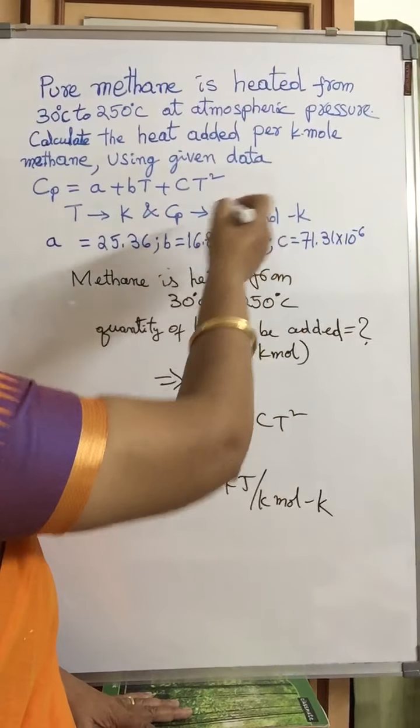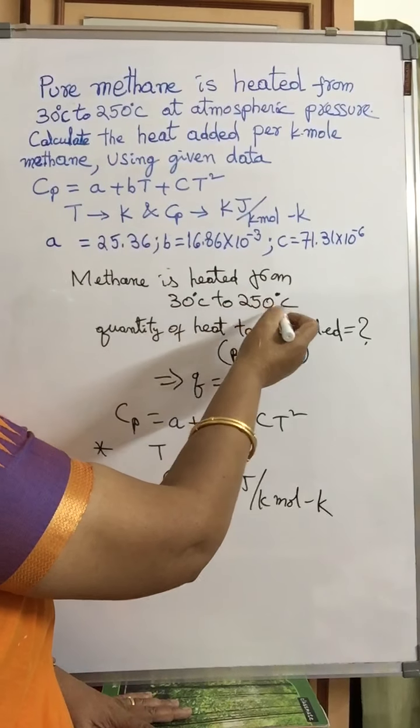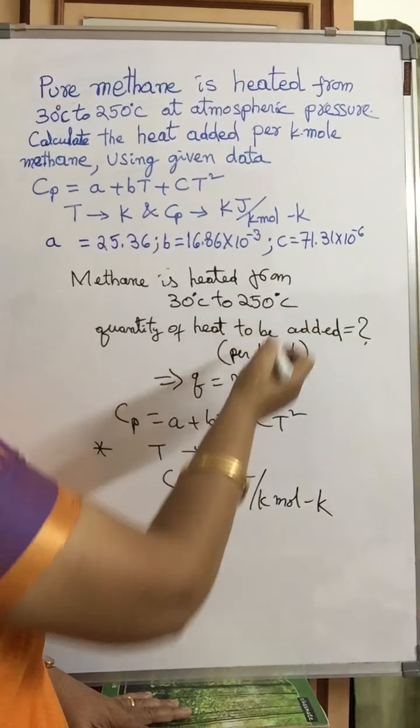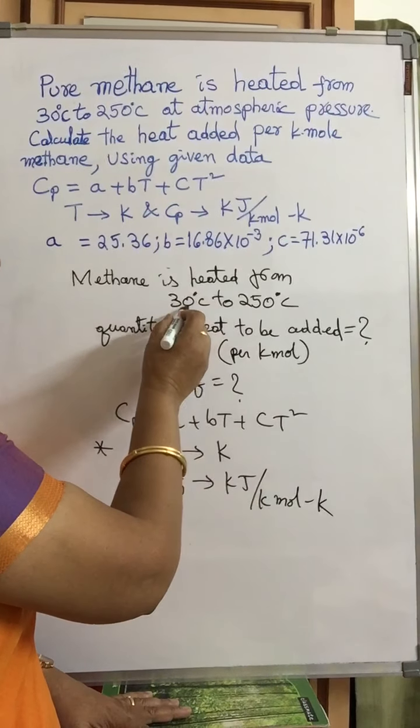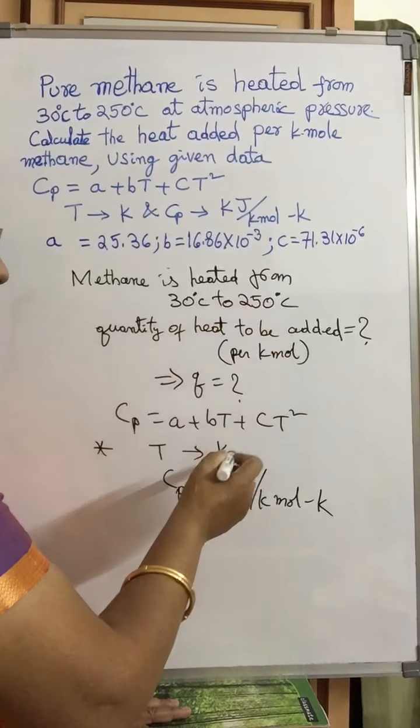Here T1 and T2 are given in centigrade, but you need to substitute in Kelvin, so you need to convert centigrade to Kelvin.